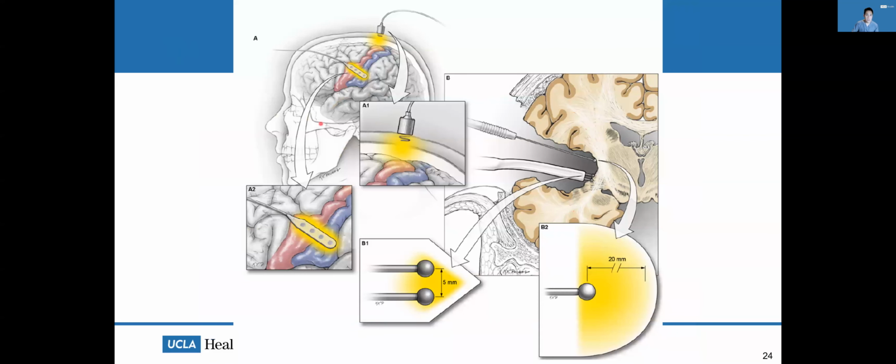But this is a diagram which really demonstrates well what it might look like to do the stimulation mapping. So in this top diagram A, you can see cranial stimulation, where the signal is being stimulated across the skull itself. Paddle stimulation, where we can stimulate directly on the motor and sensory cortex through a paddle lead.